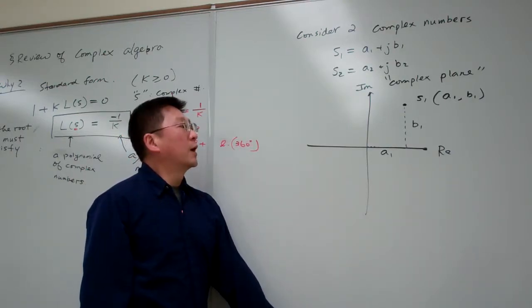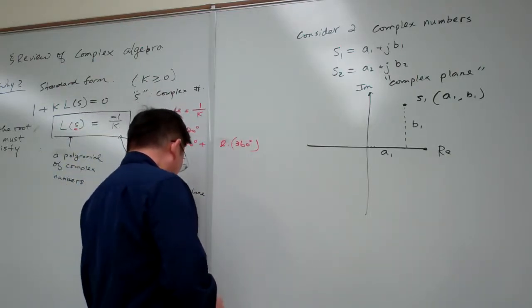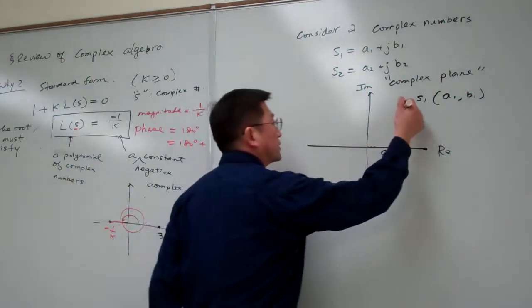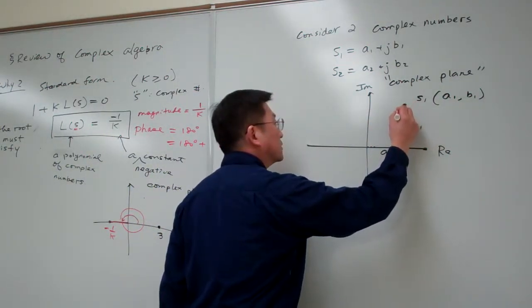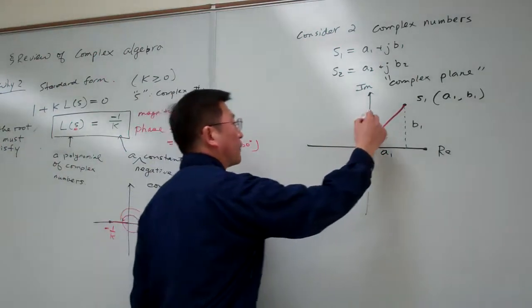Okay? And with this one, then we can define the magnitude. The magnitude basically is to measure the distance between the point and the origin. Okay, so this one is called the magnitude.